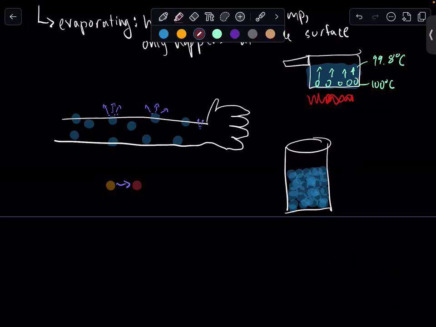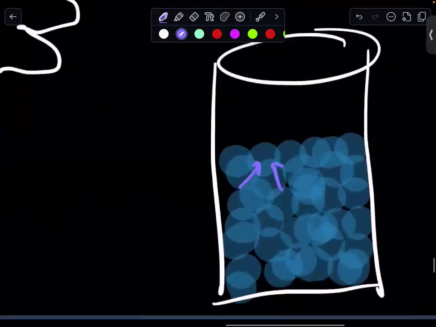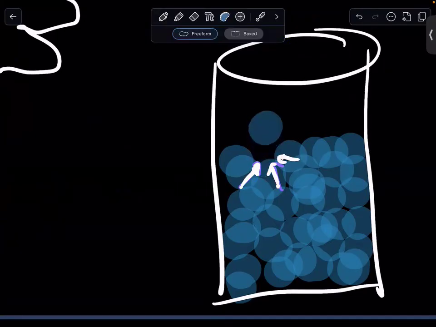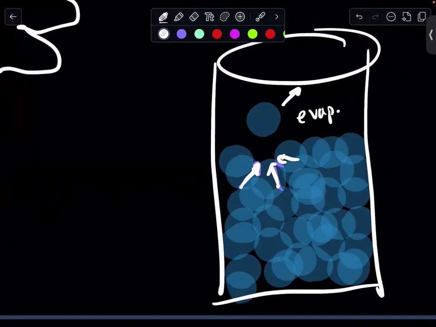That's going to make that new ball move and that old ball stay. Now, the same thing happens here. These particles might run into each other, and they might transfer their energy all into one particle, which is then going to have enough energy to break its bonds and leave. And that process right there is evaporation.